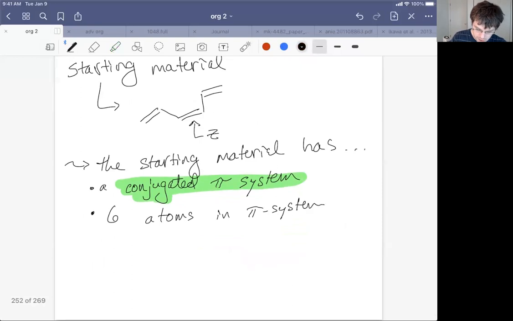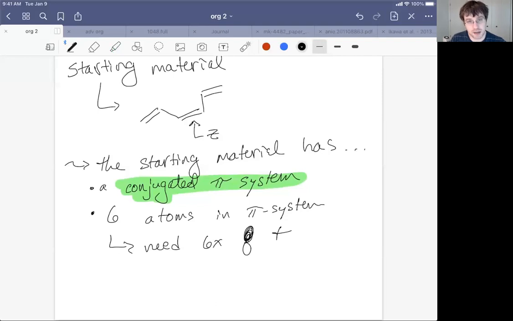Why is that important? Well, that tells us how many p orbitals we have to use to construct each of the molecular orbitals. So we need 6 of the p orbitals shaded in various ways. And how many molecular orbitals total?